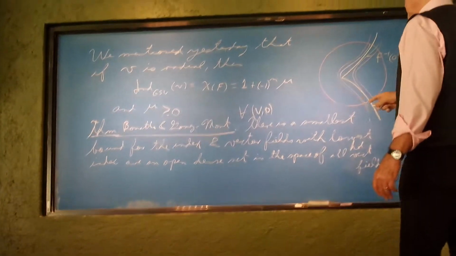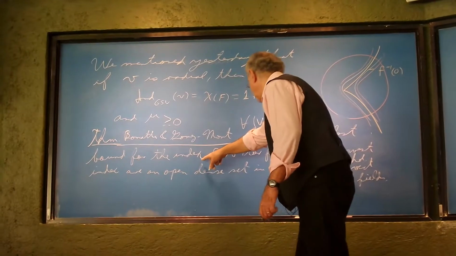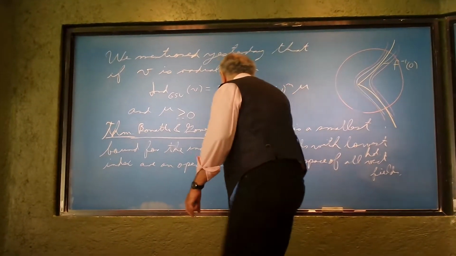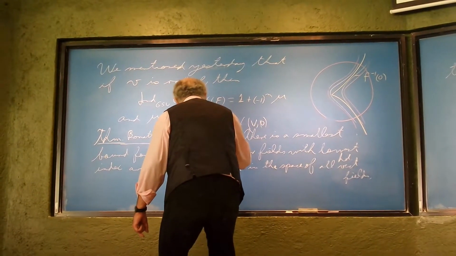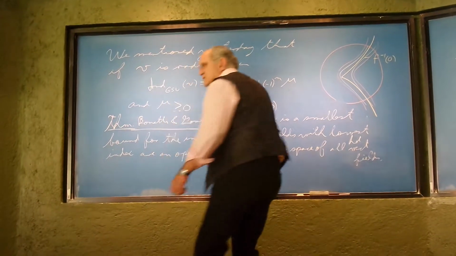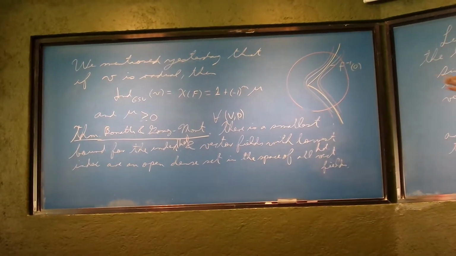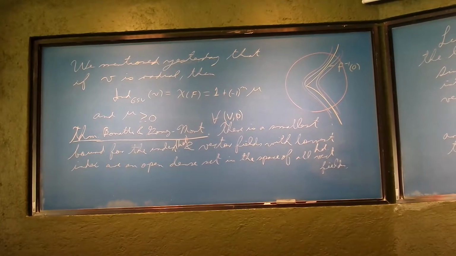So there is a smallest index for holomorphic vector fields. If it is continuous or smooth, you can have anything. For holomorphic vector fields, there's a lowest bound.